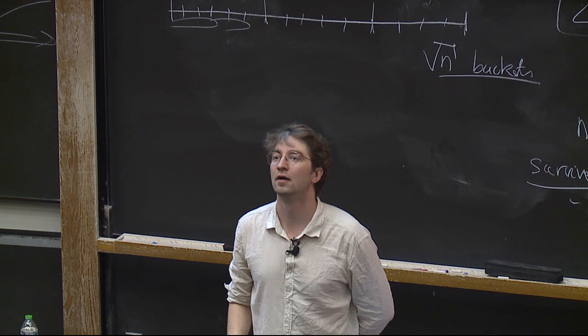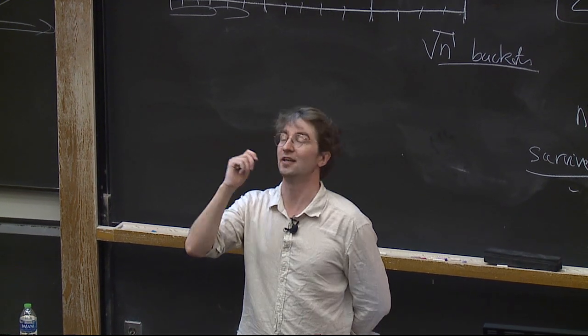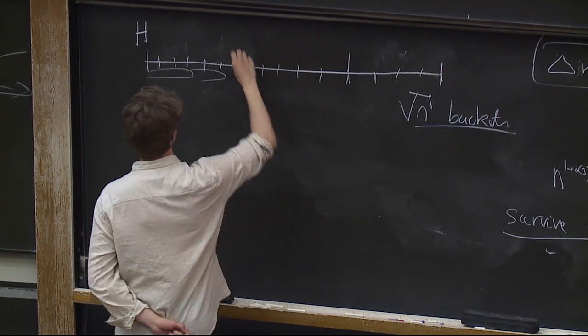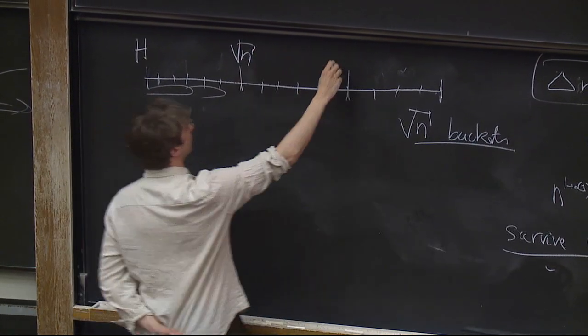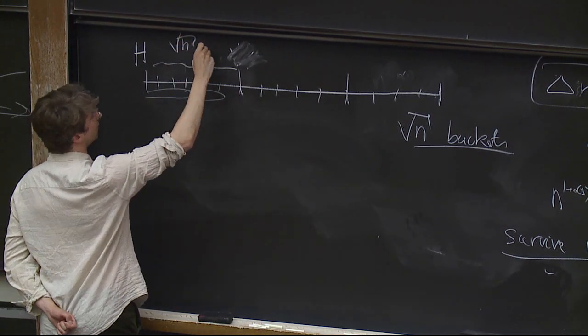Root n, yes. Root n, right? So there were n updates total. We split it into square root n buckets. So inside a bucket, there are square root n updates.